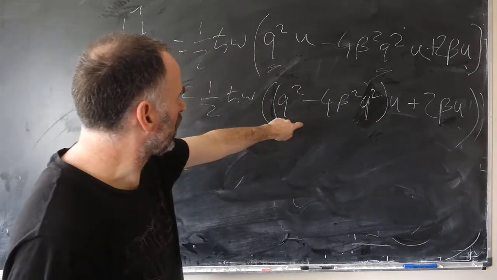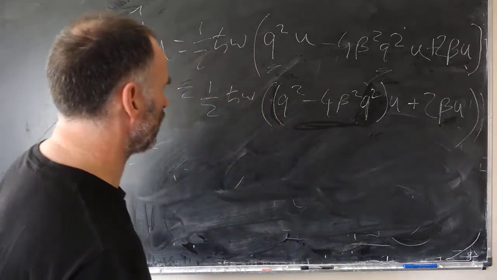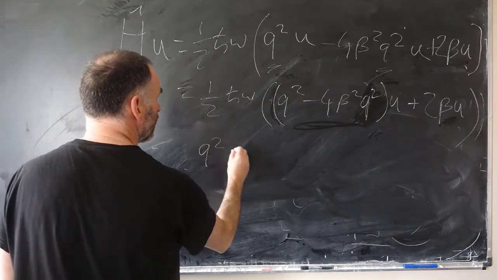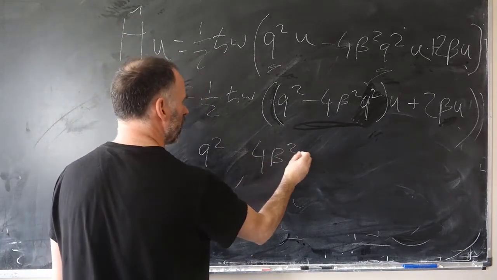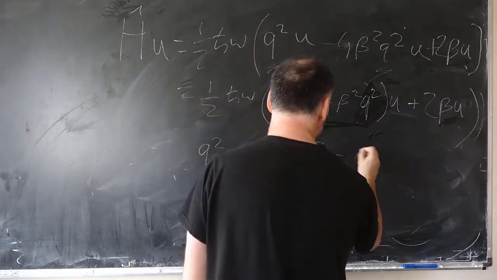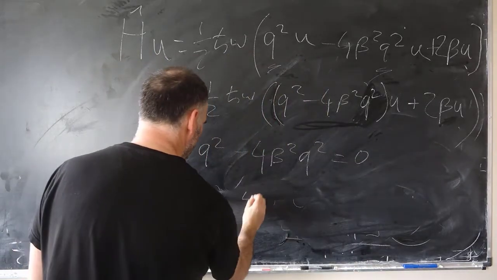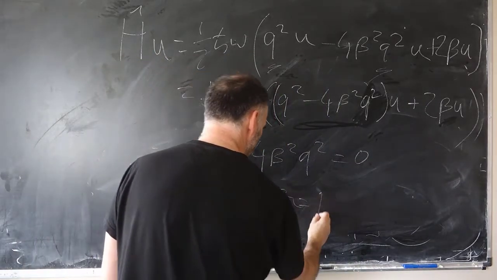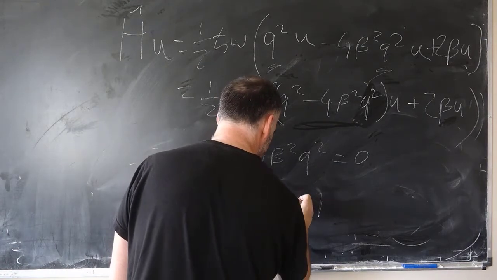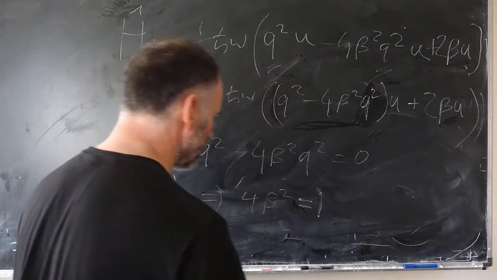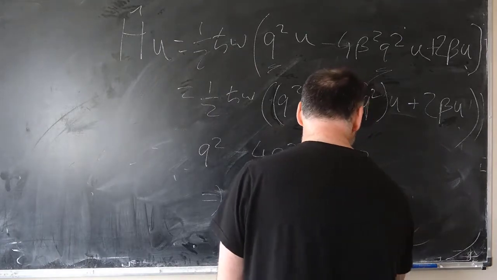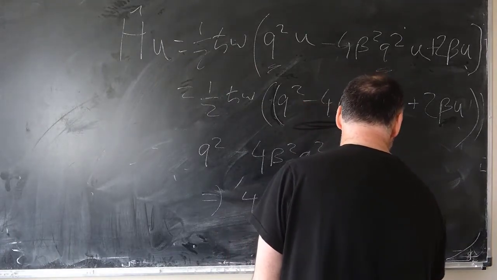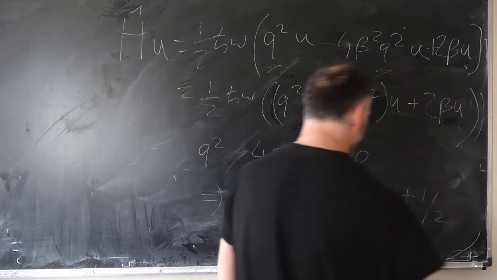But this has got to go to 0 because there can't be a dependence on q. So that means q squared minus 4 beta squared q squared is equal to 0. That implies 4 beta squared is equal to 1, which implies beta is equal to plus or minus a half.